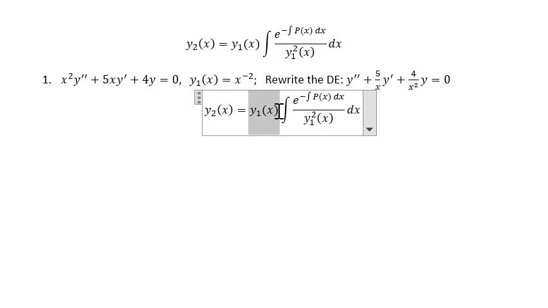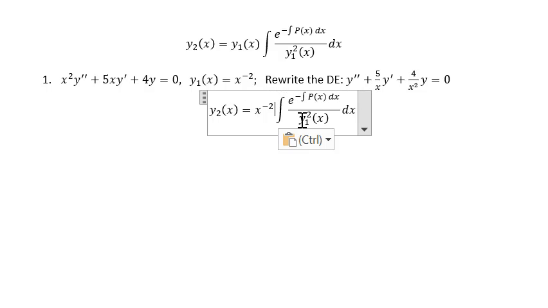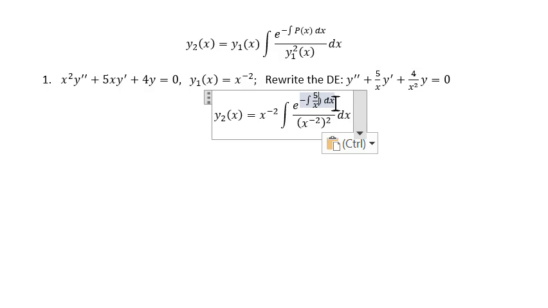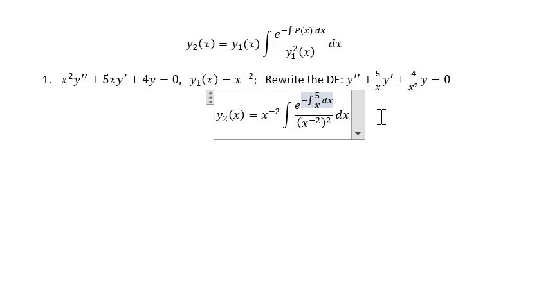So y1 is this term, and then we have y1 squared is that term, and then p of x is 5 over x, and then we should be good to go.